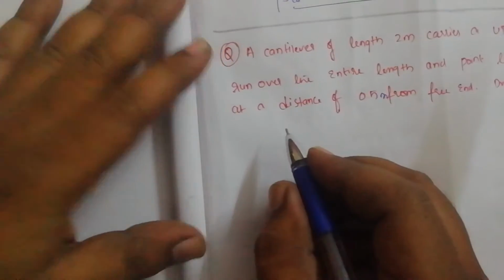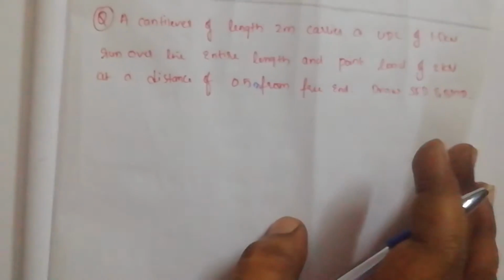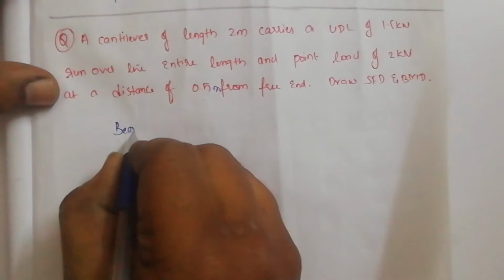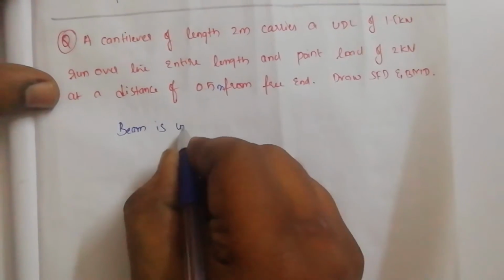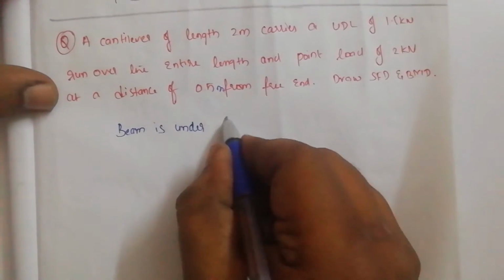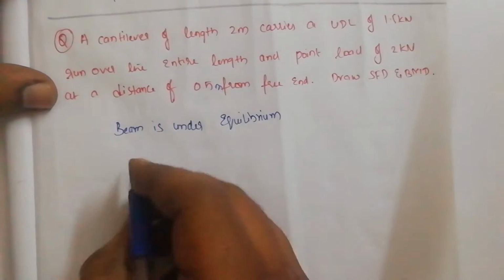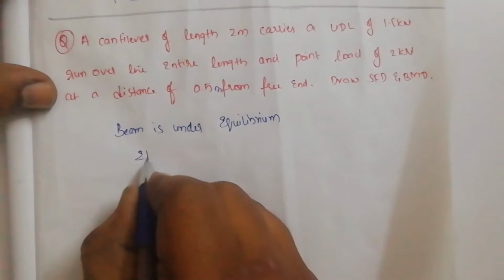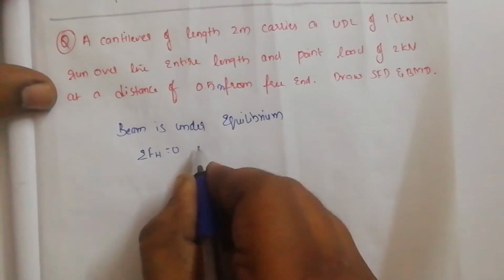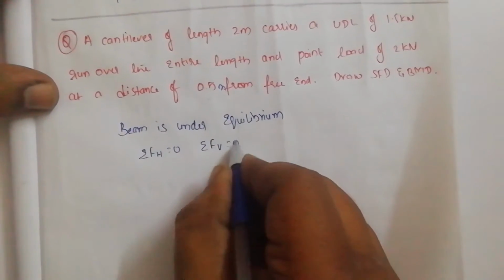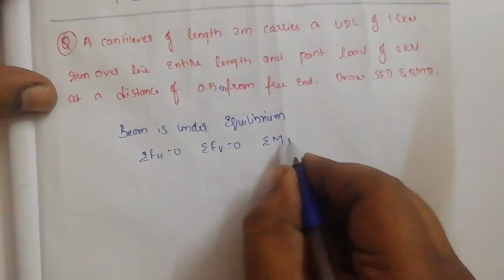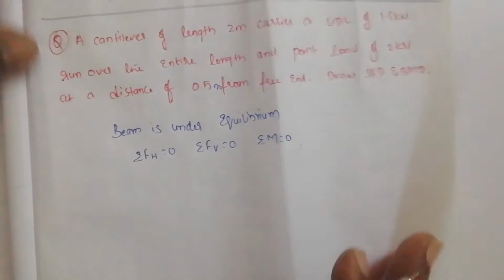Whenever you find this type of problem, what we have told is you should write the condition that the beam is under equilibrium. When we say equilibrium, summation of horizontal forces should be equal to 0, summation of vertical forces should be equal to 0, and summation of moment is equal to 0.